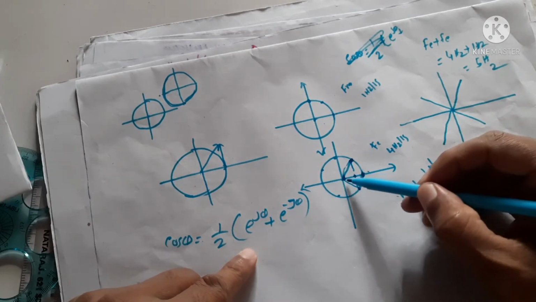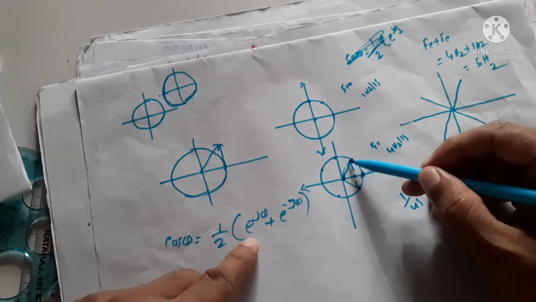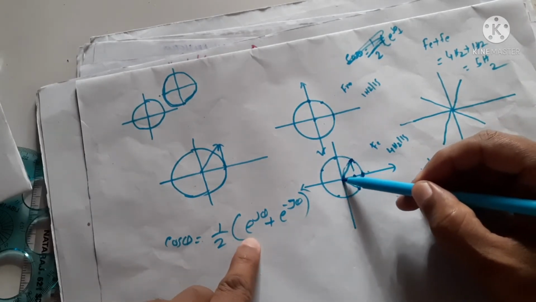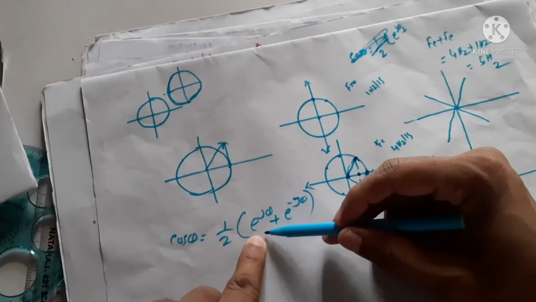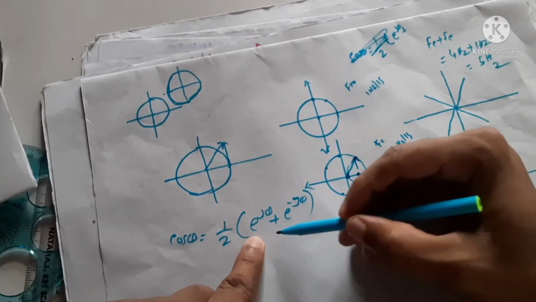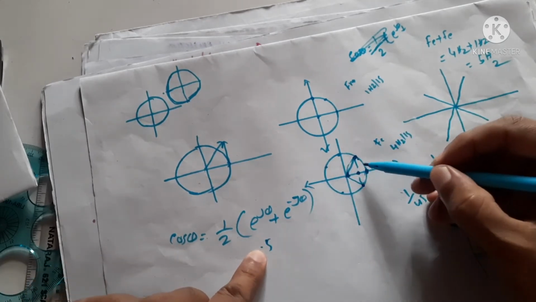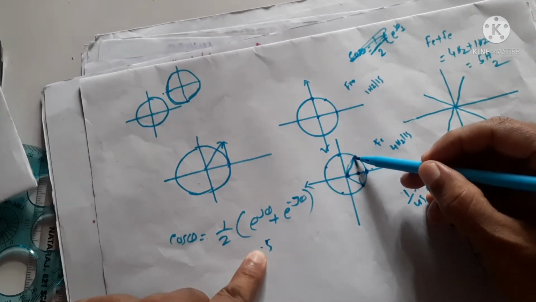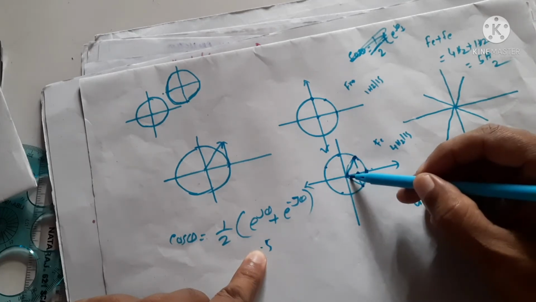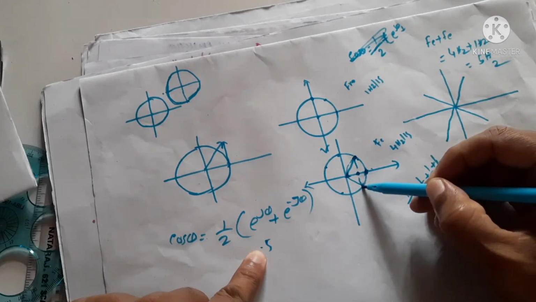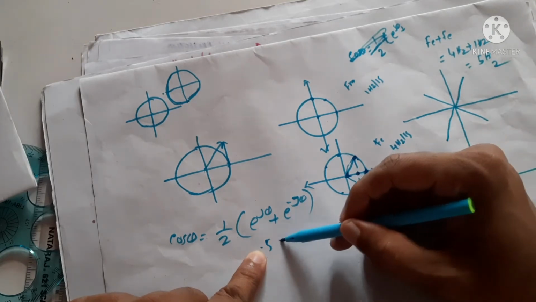So because of the rotation, the real value is this. If we say this real value is half, and again when this arrow is rotating in this direction, this value is also half.